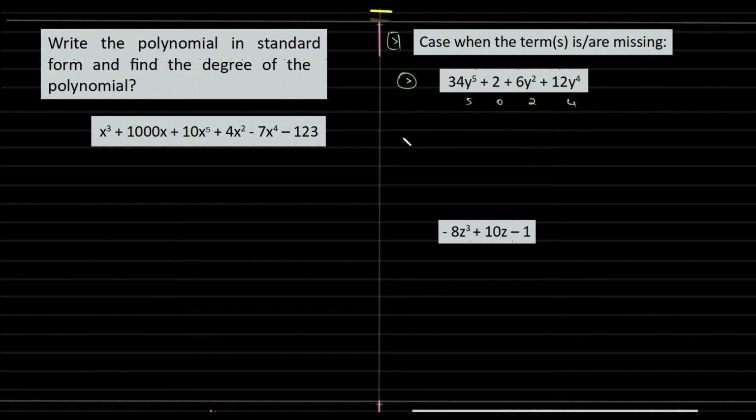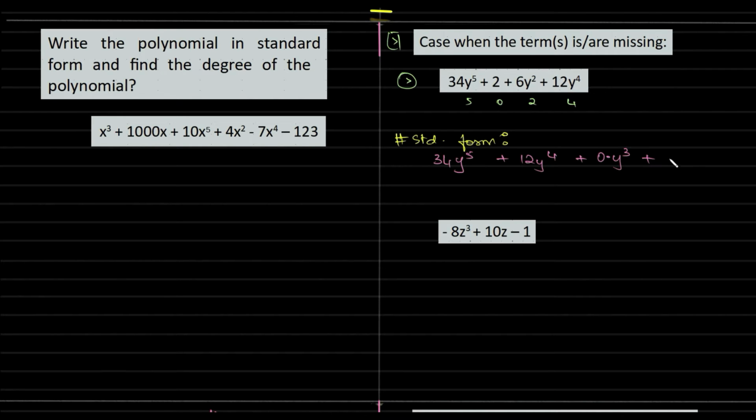Is it not? So when you are writing in standard form, again, this is not a must, whatever you're going to do here. So I'll explain it. Let me actually write it first. So 34 into y to the power of 5 plus 12 y to the power of 4 plus, since there is no cube term, I can always add 0 into y cube.